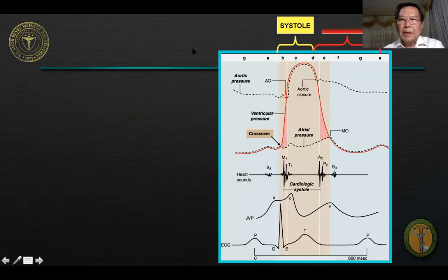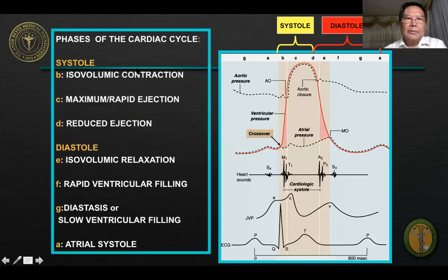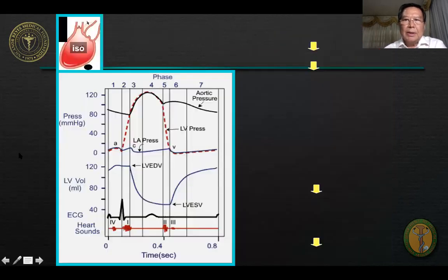Okay, and diastole over here, right? And these are the different phases of the cardiac cycle. These are the different phases at systole, and these ones at diastole, right?